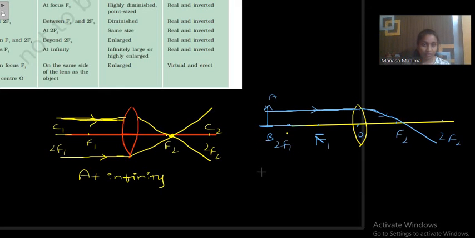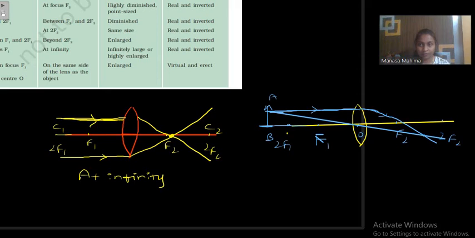And one more ray which I will consider is the ray that is passing through the optic center. Where these two rays are meeting, somewhere here, correct?